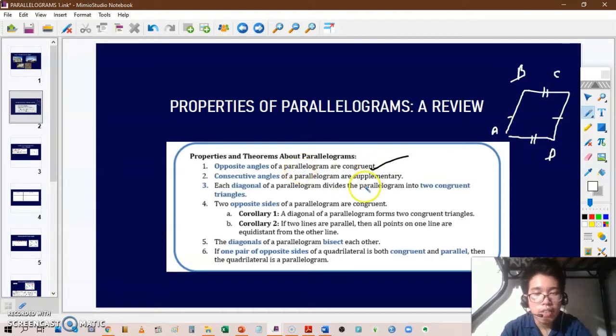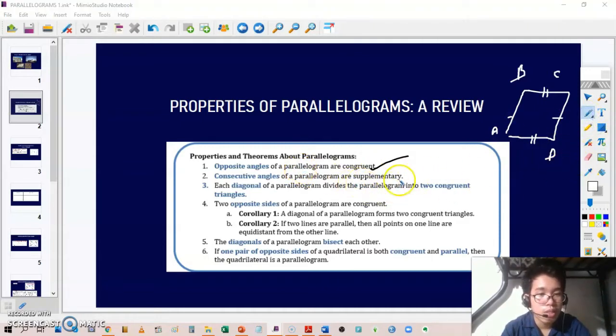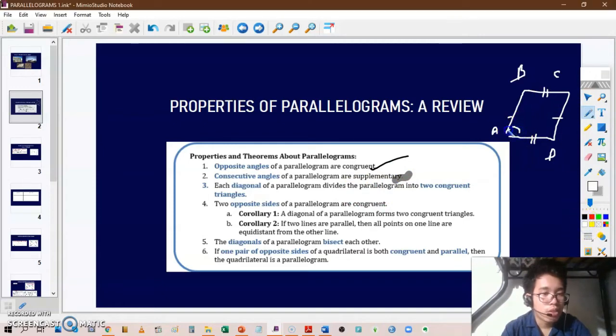Then, the consecutive angles of a parallelogram are supplementary. That simply means that if we add angle A and angle B together, angle A plus angle B is equal to 180 degrees.